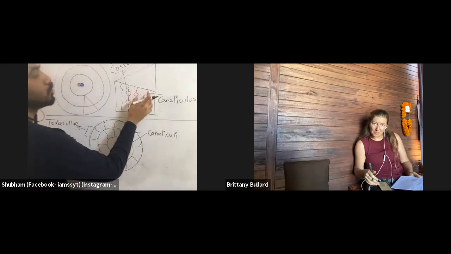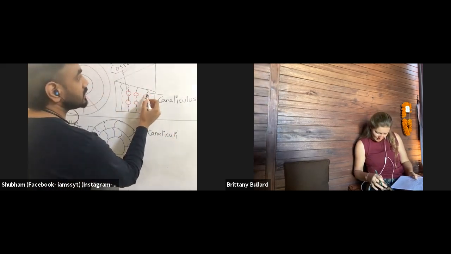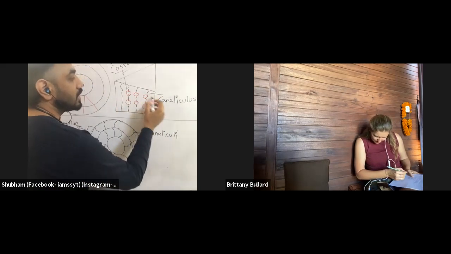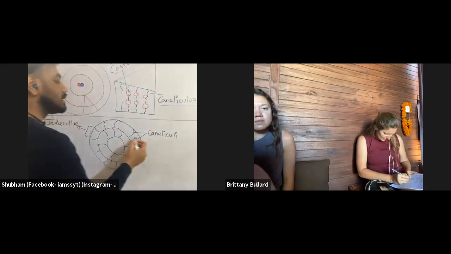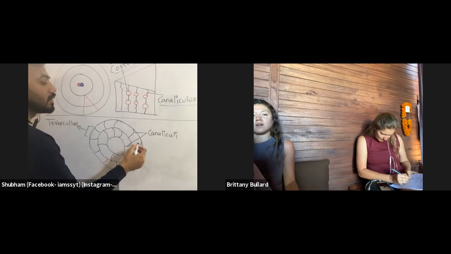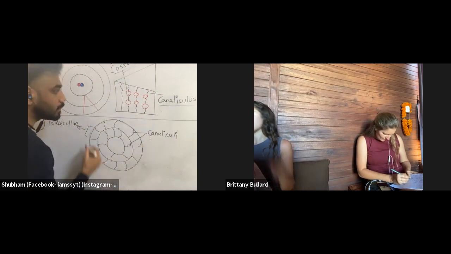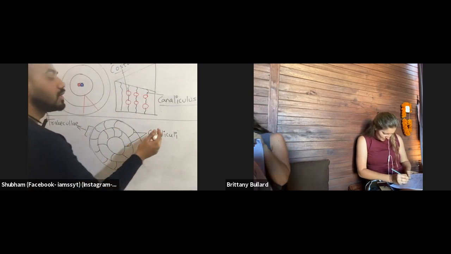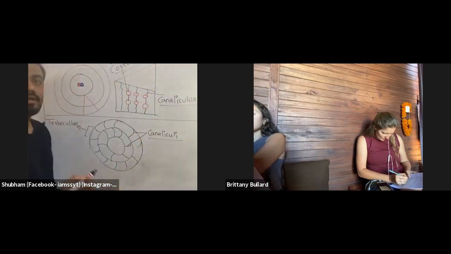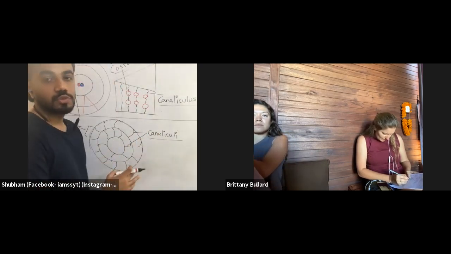Here you will see in the compact bone the thread which connects our lacuna to each other, canaliculae. Similarly, this thread which connects our parallel sets of series, they are canaliculae in the soft or the spongy bone.